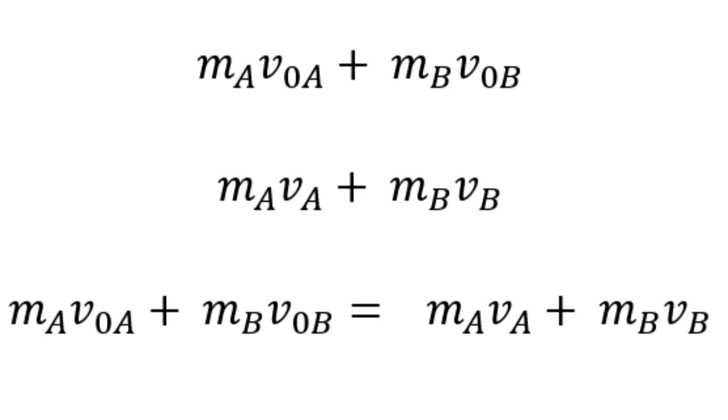The conservation of momentum principle applies during impact, which enables us to write an equation relating total momentum before impact to total momentum after impact. If we let mA and mB be the masses of bodies A and B, and v0A and v0B be their initial velocities, the total momentum before impact is given by the following.